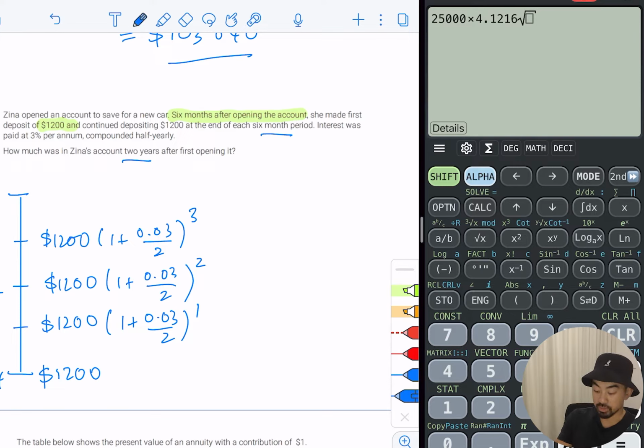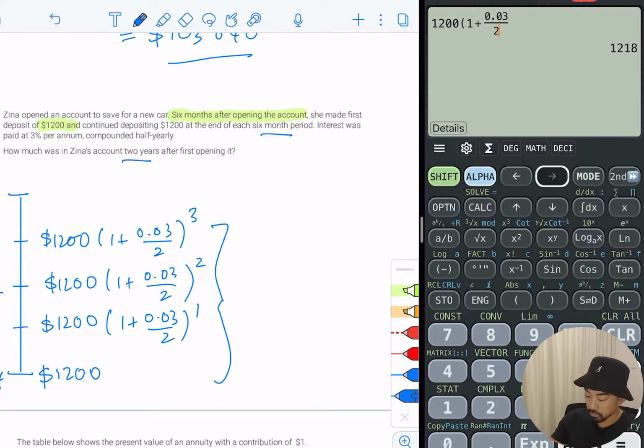So what you want to do is add these all up. So let's do this. So 1,200 times 1 plus 0.03 over 2, to the power of 3. So that's that first one there. So just repeat that.